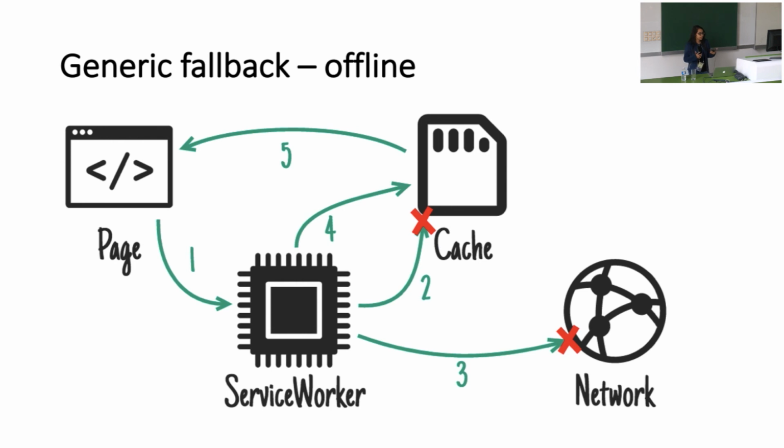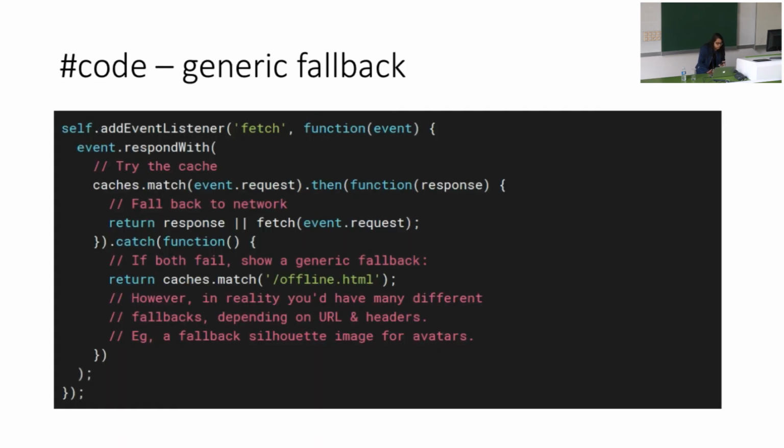If we do not have anything cached for that request, we try the network. If the network is off, meaning we are offline, then we go back to the cache where we must have stored some default behavior that we want to provide to our user in case the application is not running because of network issues. It could be cached resources, or a default offline page or a game or anything that you want to provide in case the network is not there.